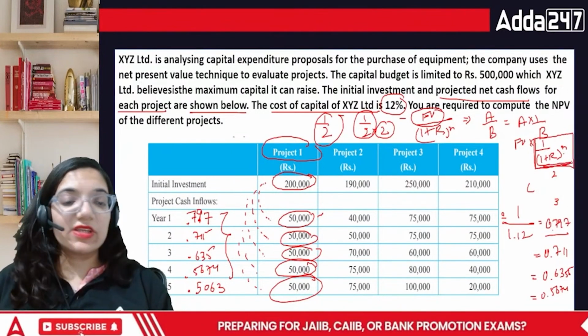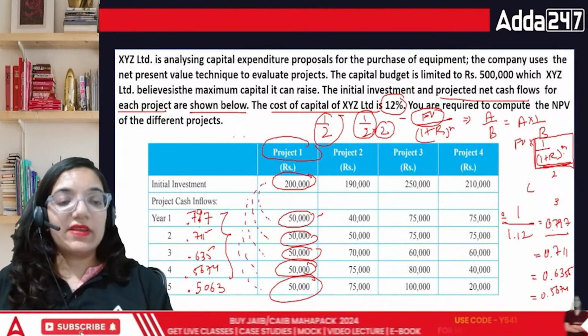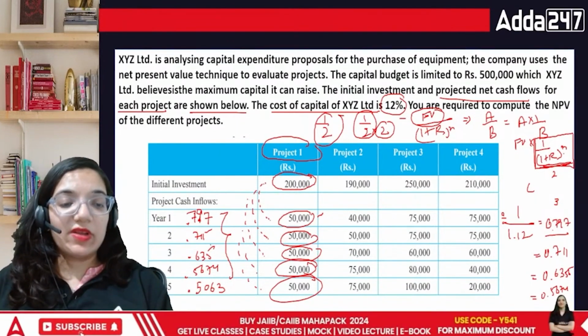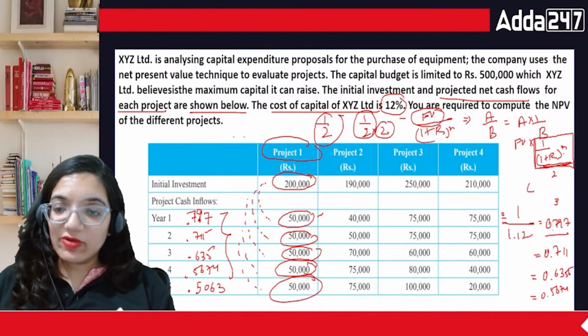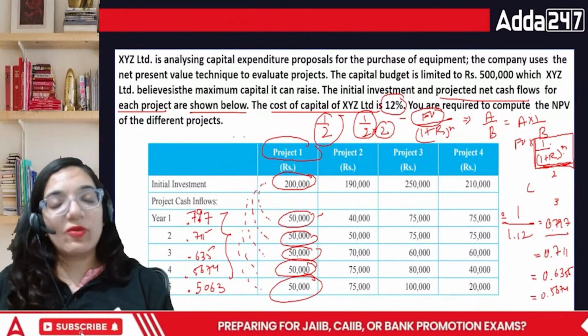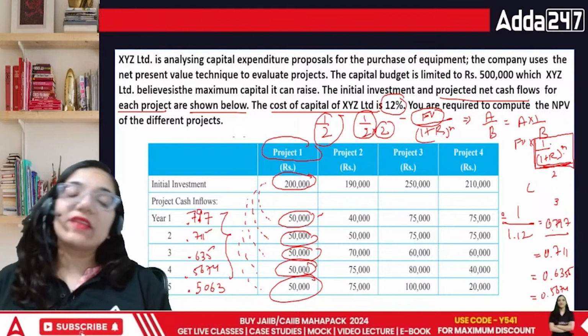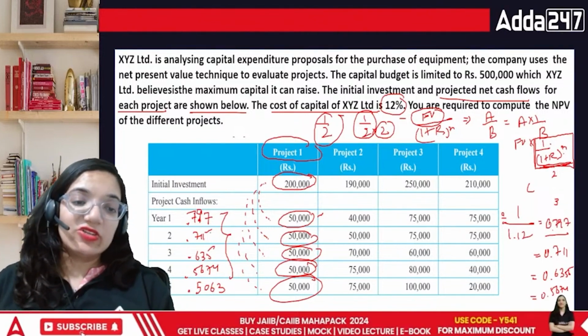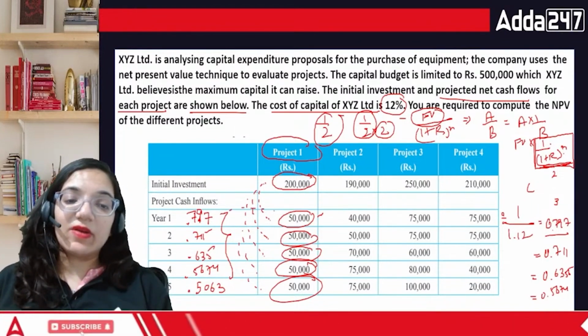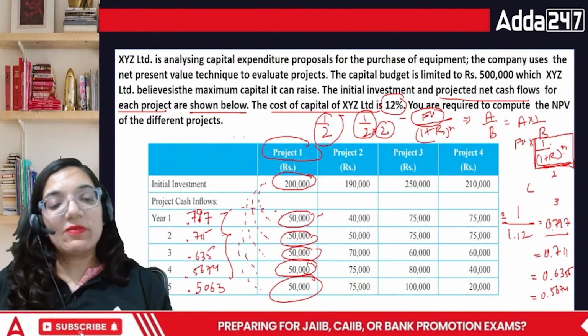That is 0.797, 0.711. This calculation is 1 divided by 1.12. That means this part is done. You just have to multiply it by the future value in each case. So first of all, 0.797 multiplied by 50,000, 0.711 multiplied by 50,000.